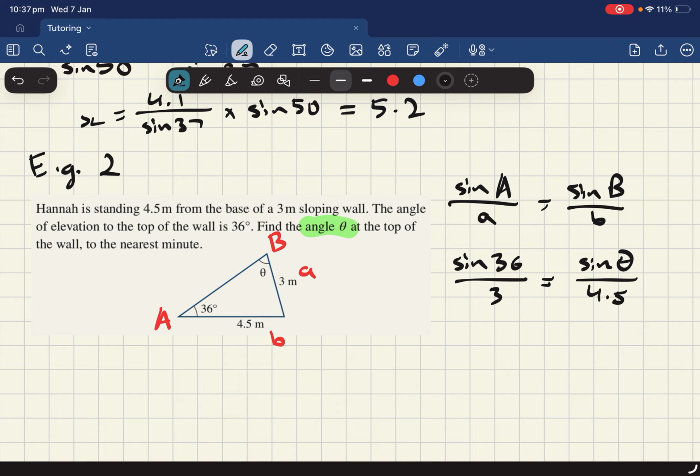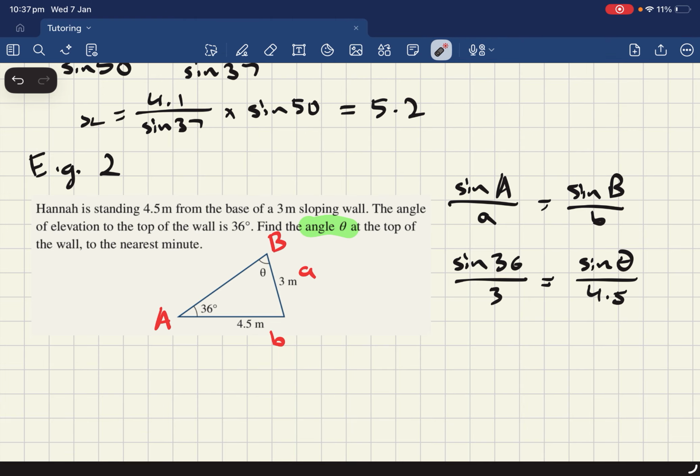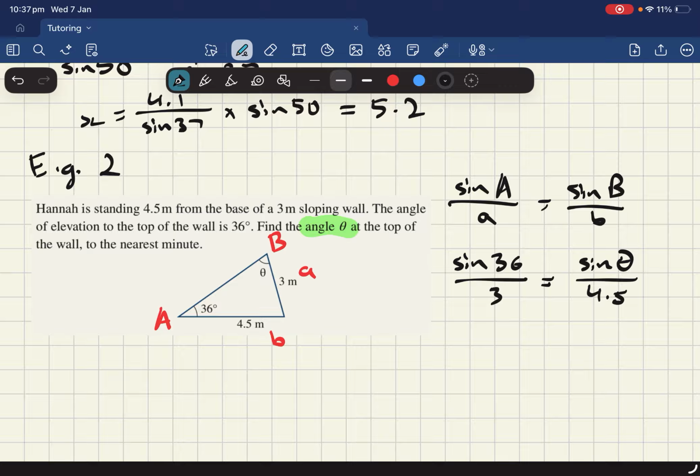And I do a very, very similar thing to the last example. I know that sine theta is dividing by 4.5, so I want to multiply both sides by 4.5 to get it away from sine theta. So I have here that sine theta equals 4.5 multiplied by sine 36 over 3.